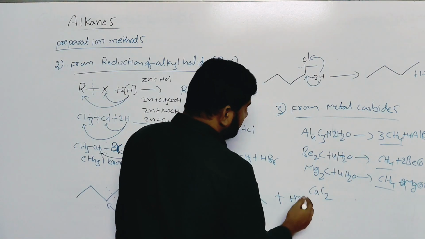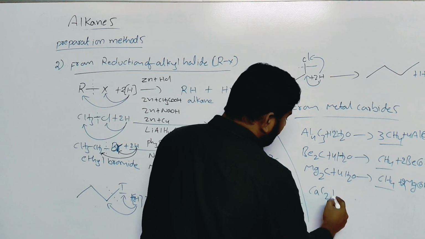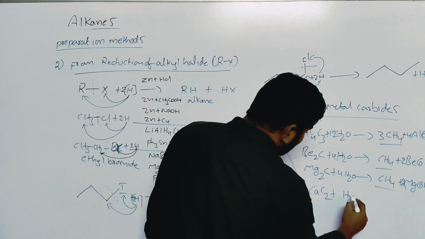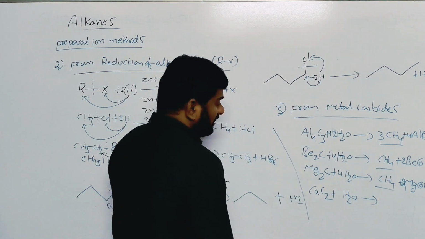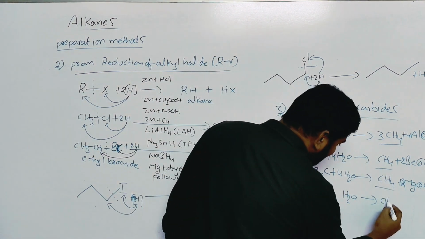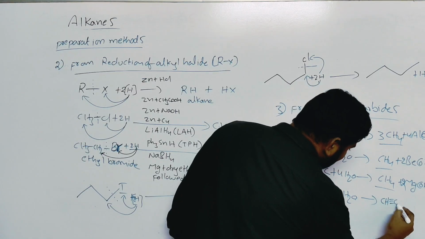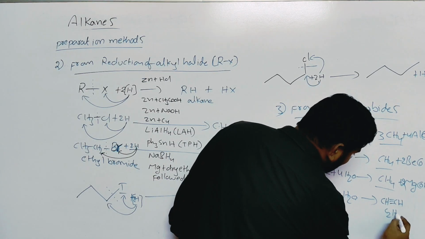But CaC2, calcium carbide, will not give methane. Calcium carbide on hydrolysis gives alkyne, CH triple bond CH, simply C2H2.